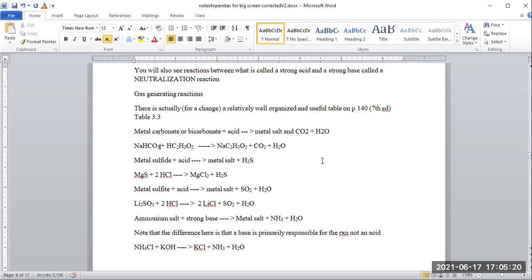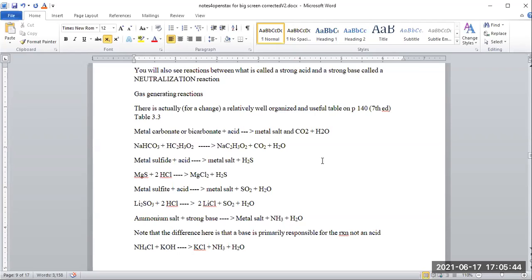I get a metal salt. So the metal that was on the front end of my carbonate, and then the anion that was on the back end of my acid. But I also get carbon dioxide and water. So this is kind of new, okay?